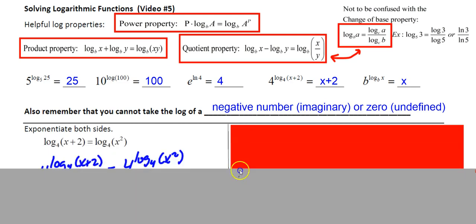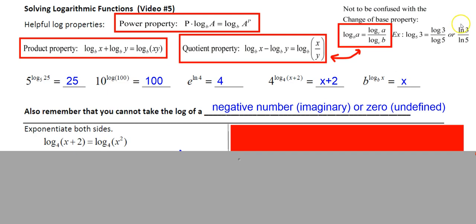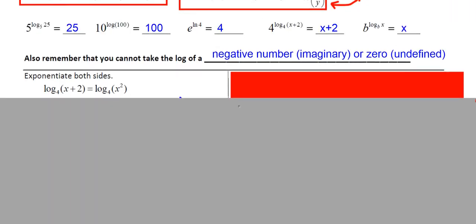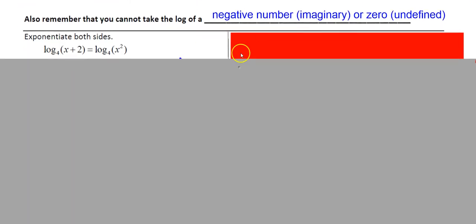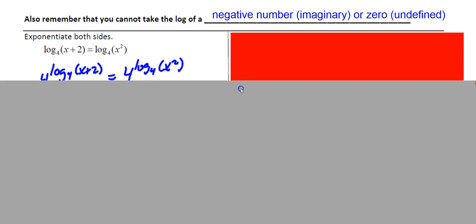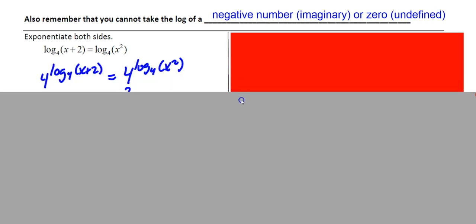The first one is more of an example of how to exponentiate than actually something you would need help solving, probably. If you see two logs that are exactly the same, set equal to each other, then what's inside obviously has to be equal to each other. So x plus 2 has to equal x squared. But I want to show what happens when we do something called exponentiating.